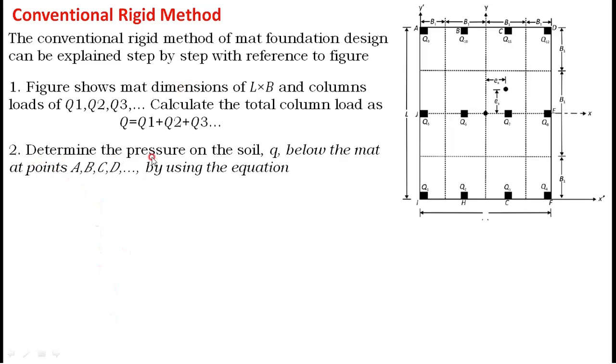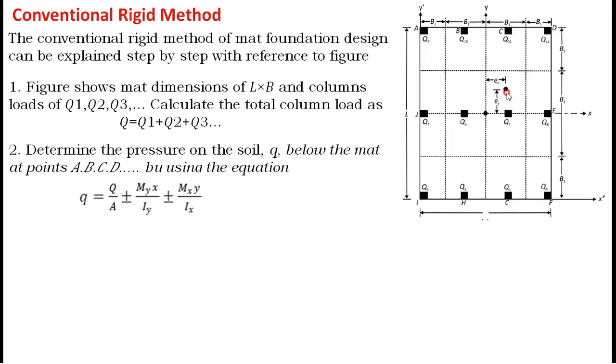The second step says to determine the pressure on the soil, that is, the upward soil pressure. We need to calculate the upward soil pressure by using this equation. As I said, eccentricity is there. The CG of the entire loads is acting here with eccentricity in the x direction and eccentricity in the y direction. Therefore, I get the formula Q equals capital Q by A, plus or minus My x by Iy, plus or minus Mx y by Ix.